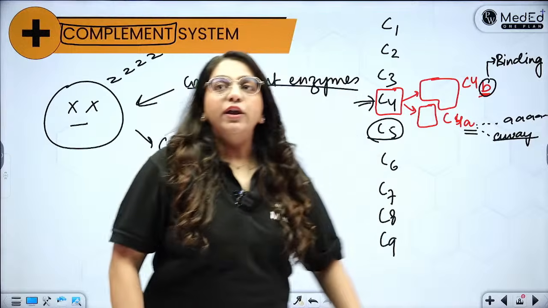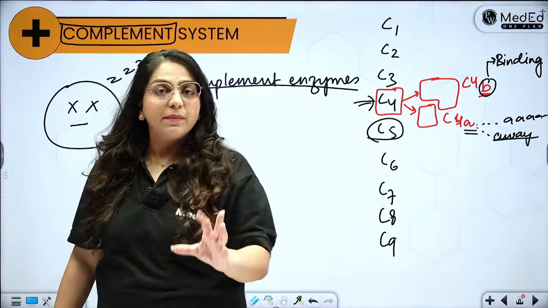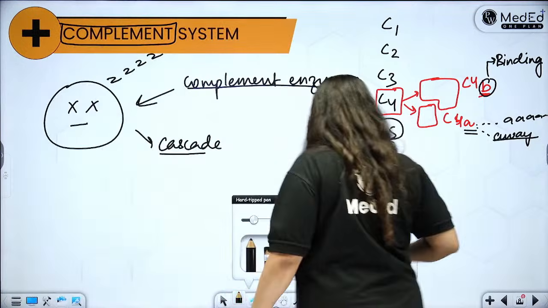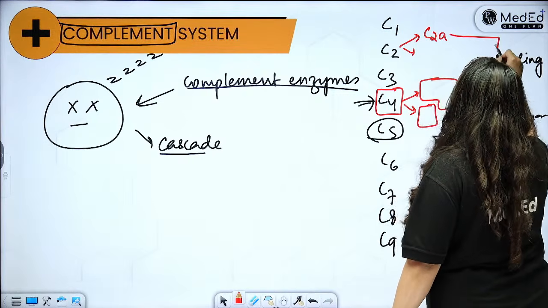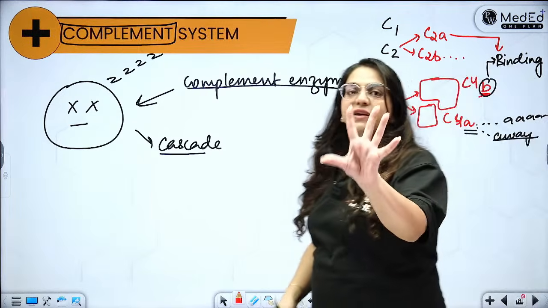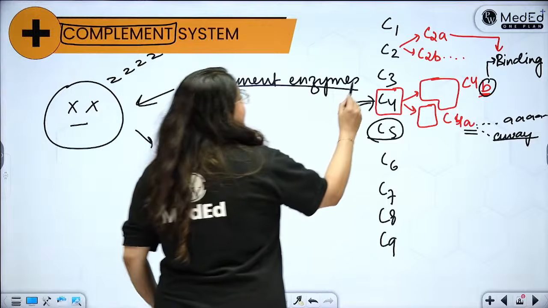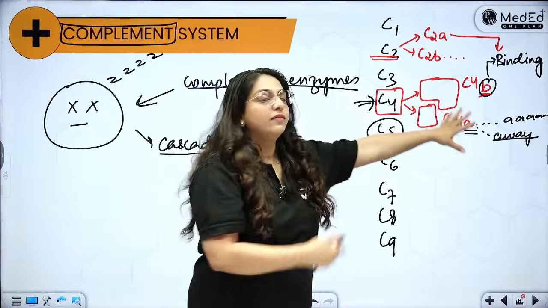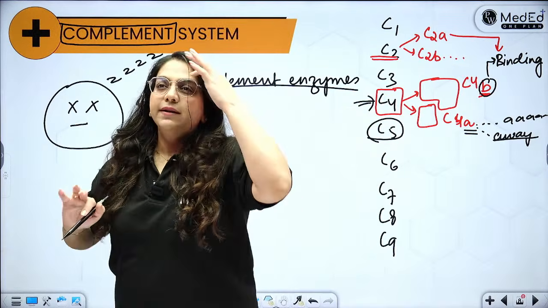In all of them, the b fragment is the bigger and binding fragment, except C2, in which C2a is the binding and bigger fragment, and C2b floats away and is anaphylotoxic. So except C2, all of the complement enzymes follow the rule of C4: B is binding and A is anaphylotoxic.